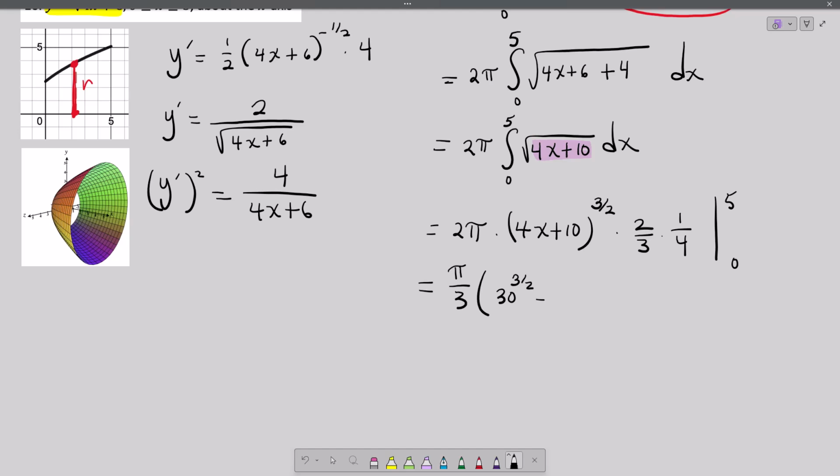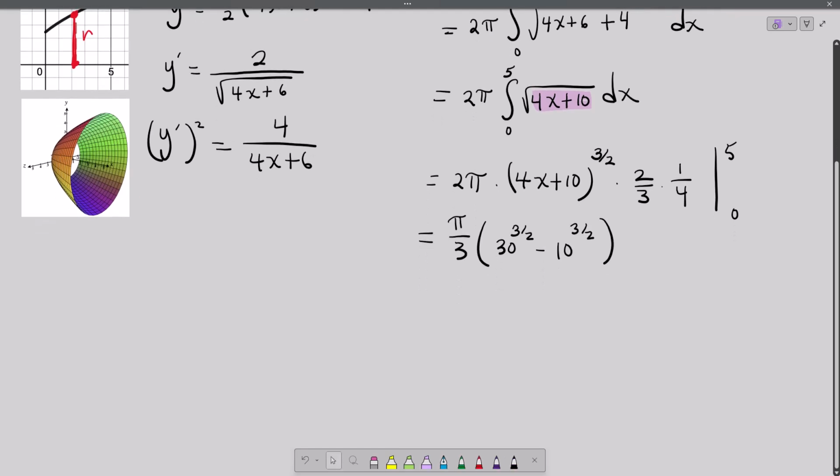We subtract off the evaluation of the antiderivative at 0, so we're going to get 10 to the 3/2. Neither 10 nor 30 is a perfect square, so there's really not much you can do here. But most of the time, you're going to end up seeing the final answer written like this. 30 root 30 minus 10 root 10.